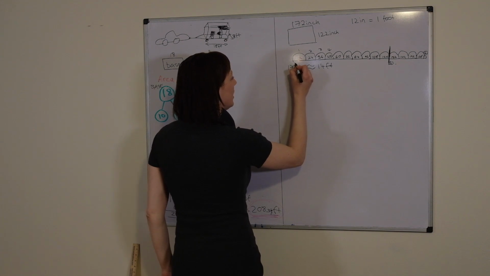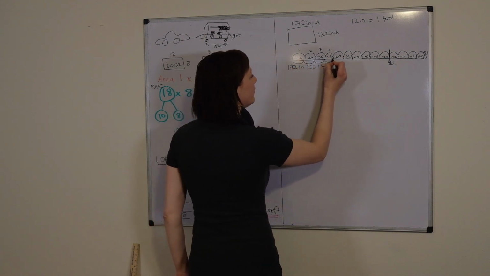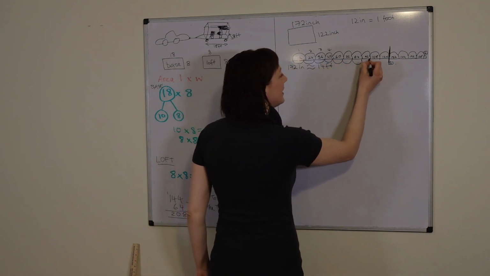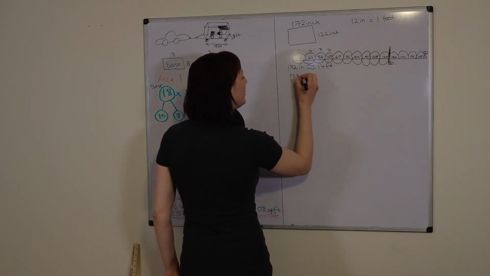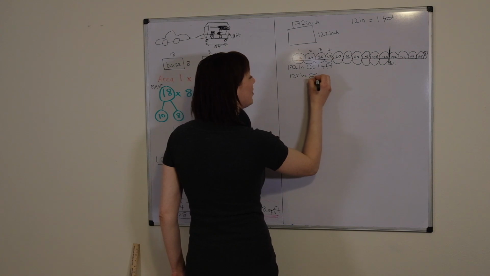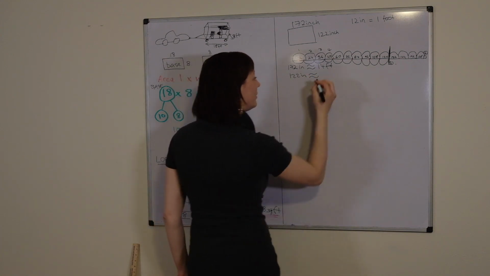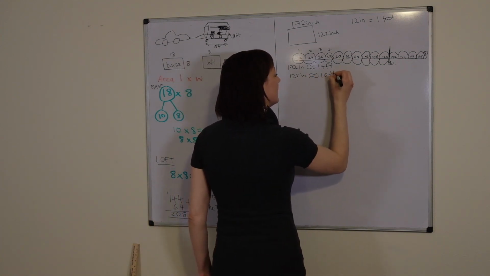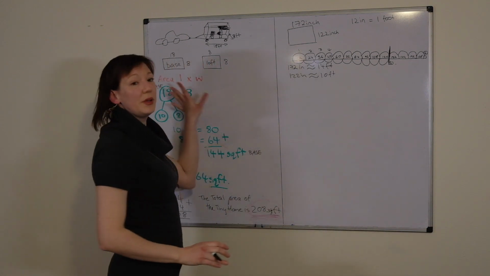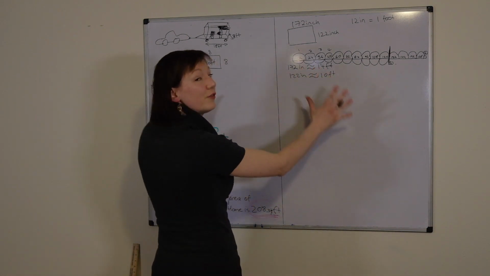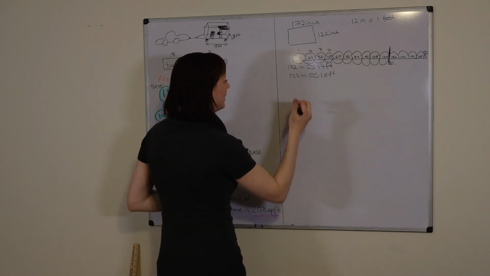How many have we got? 1, 2, 3, 4, 5, 6, 7, 8, 9, 10, and 2 left over. 122 inches equals approximately 10 feet. This is going to be much easier to work out the area now and compare it with our tiny home area since we're using feet for both measurements.